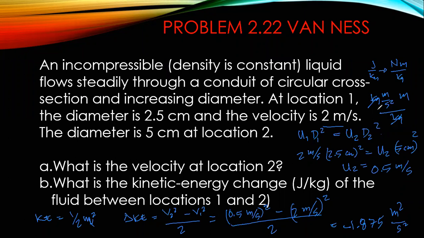So sinolve ko lang to para makita nyo kung paano sinosolve yung velocity pag nagbago yung size ng pipe, lalo na pag liquid. Ganito lang yan, ito lang yung formula dyan. Any questions?